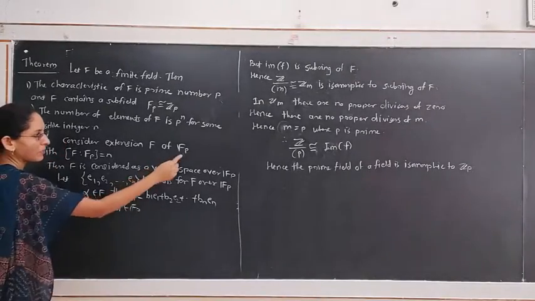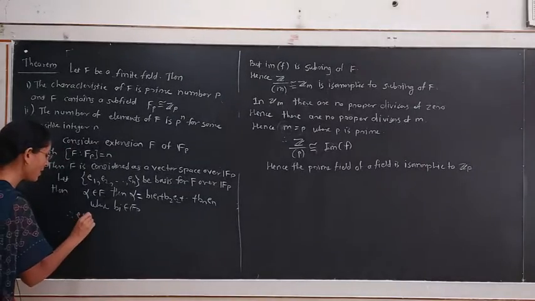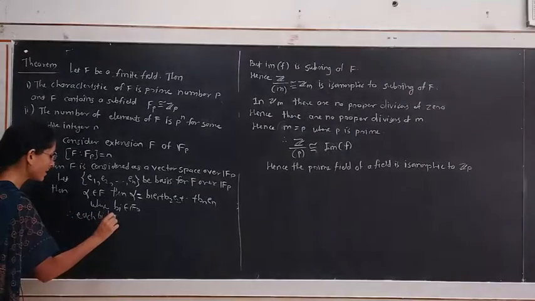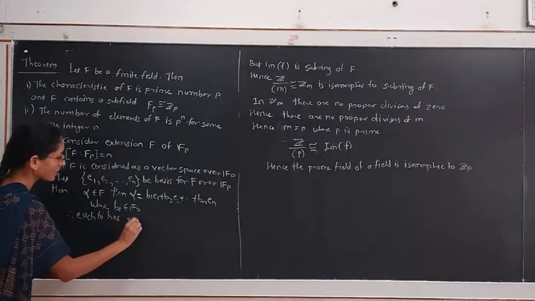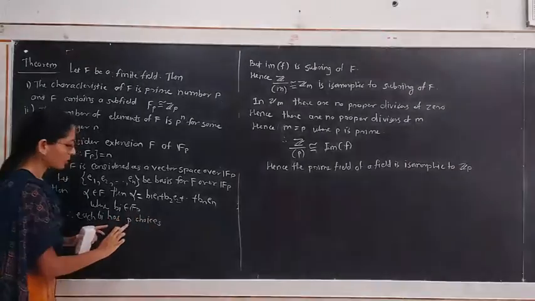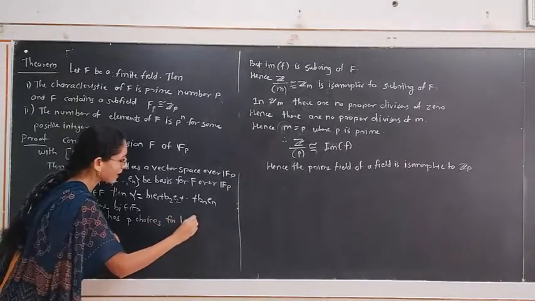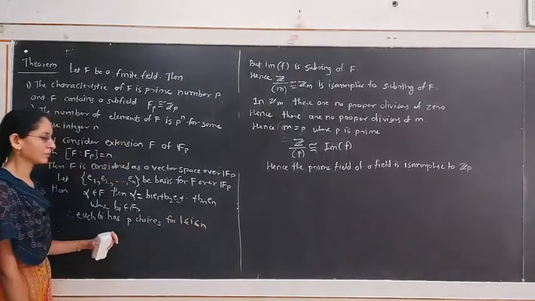What is Fp? Fp is a finite field with p elements. Hence, each bi has p choices, for 1 less than or equal to i less than or equal to n.